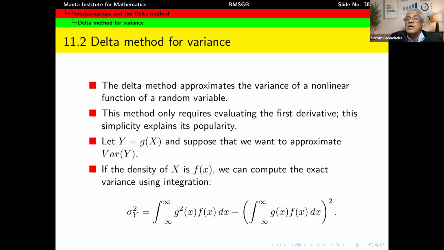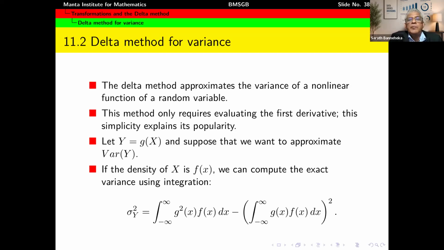If that is the case, deriving the expression for the variance is quite difficult. Getting the exact variance is almost impossible in most cases. So what we are going to do is get an approximate expression for the variance of that kind of transformation of x.